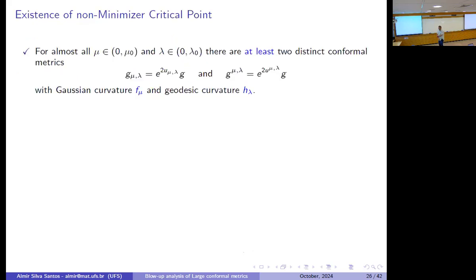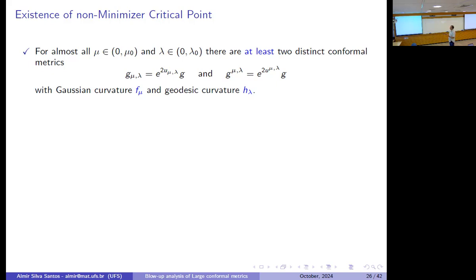So now you have at least two functions, two conformal metrics. One comes from the local minimizer, the minimal point of the function, and another one comes from the critical point which is not a local minimizer. What happens with these two metrics?